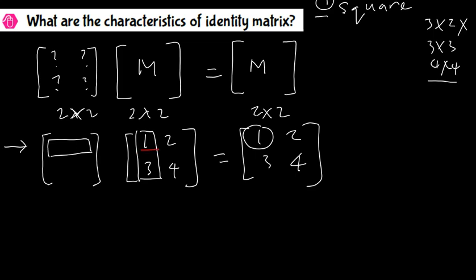So if I put 1 here, what will happen? 1 times 1 plus this one, you want it to become 0, right? So if I put 0 over there, plus 0, you'll get 1. So you get this one, right? So I put 1, 0.